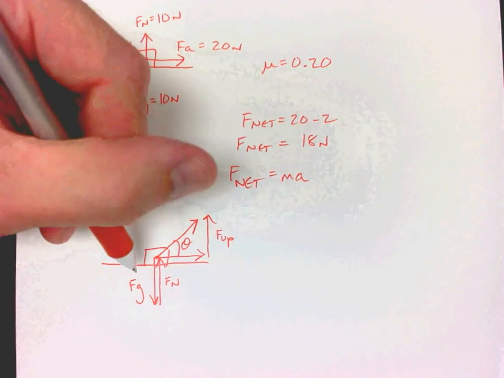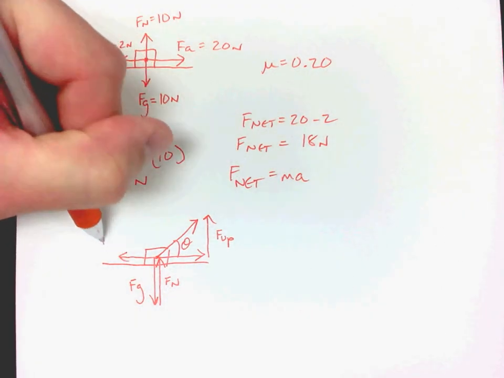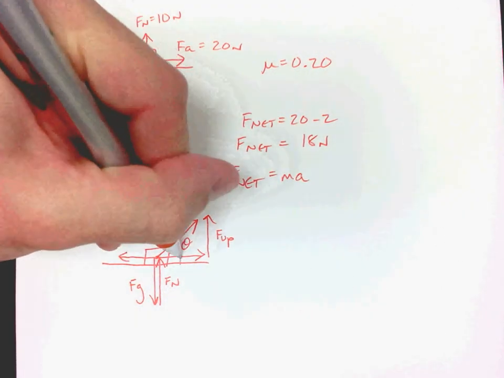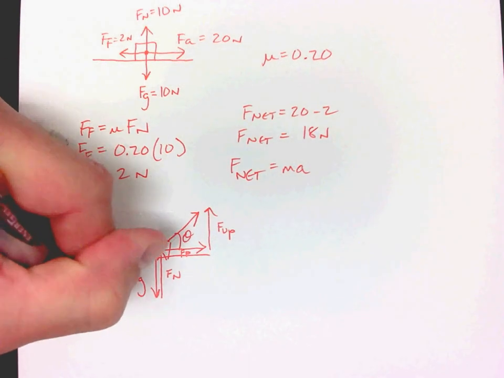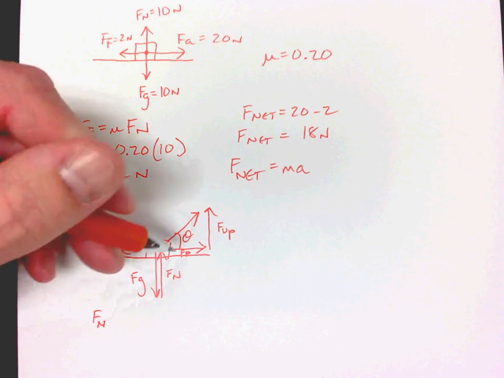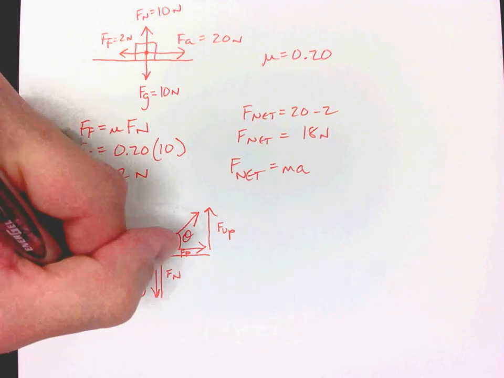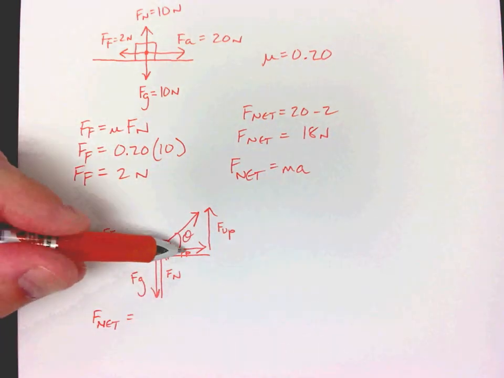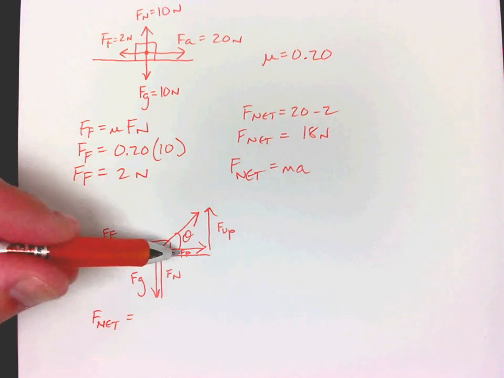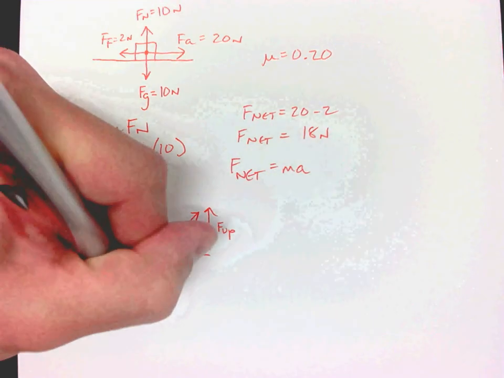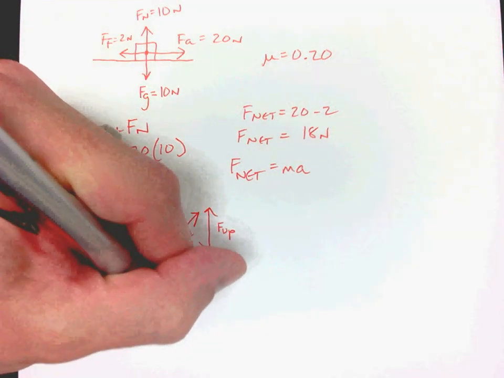This diagram, remember, I'm going to go ahead and put FF on here and FP. On this diagram, if you're solving for normal force, you'll have to do your subtraction. But if you're solving for the net force acting on this object, like if you're solving the acceleration of this thing, you're going to have to do FP minus FF. So FP minus FF on this diagram.